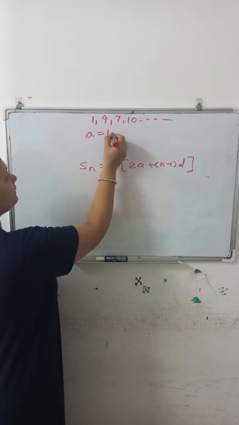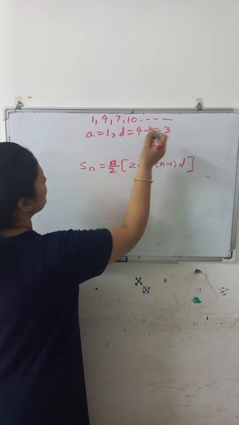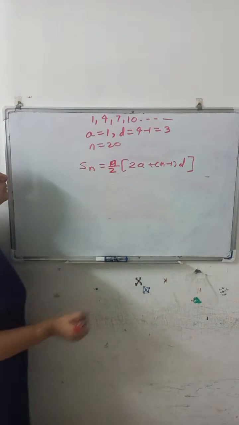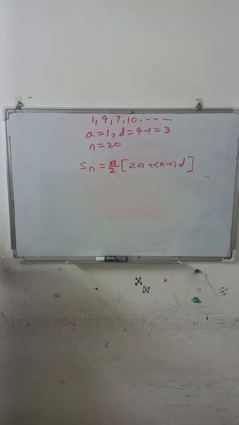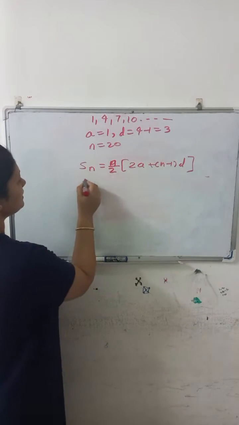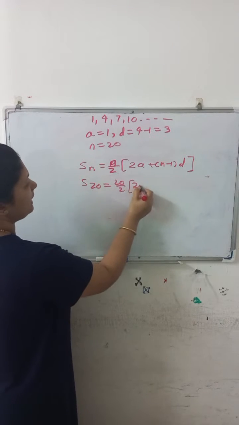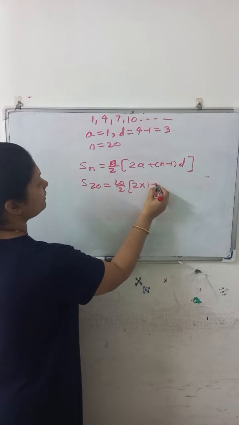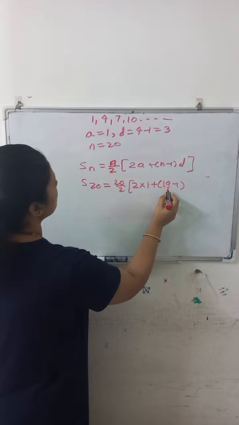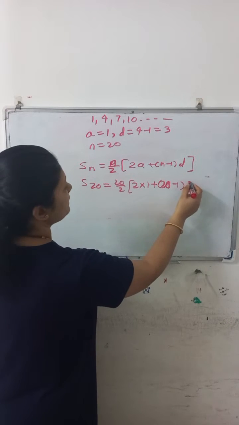From this we can write A is 1, common difference is 4 minus 1, that is equal to 3, and the sum of how many terms? 20 terms. So n is equal to 20. Once you get this, then the sum of 20 terms is equal to 20 by 2, inside the bracket 2 into A, that is 1, n minus 1, that is 19, oh no, not 19, 20 minus 1, and common difference is 3.